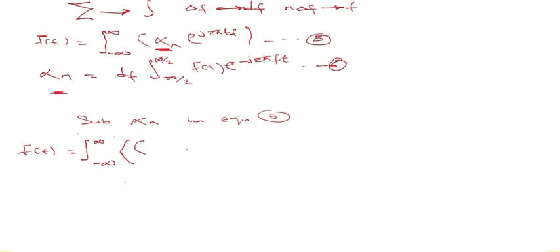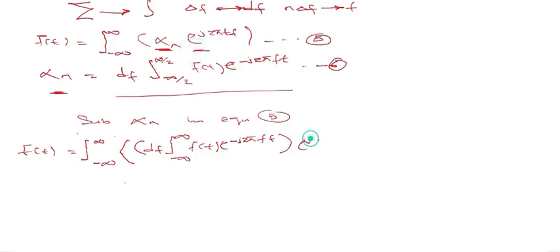Instead of lambda n, we put this entire expression: the integral, where infinity divided by 2 is still infinity because infinity is a very big number, to minus infinity, f of t exponential minus j 2 pi ft. So this is our lambda n. Then the last expression there is exponential j 2 pi ft.